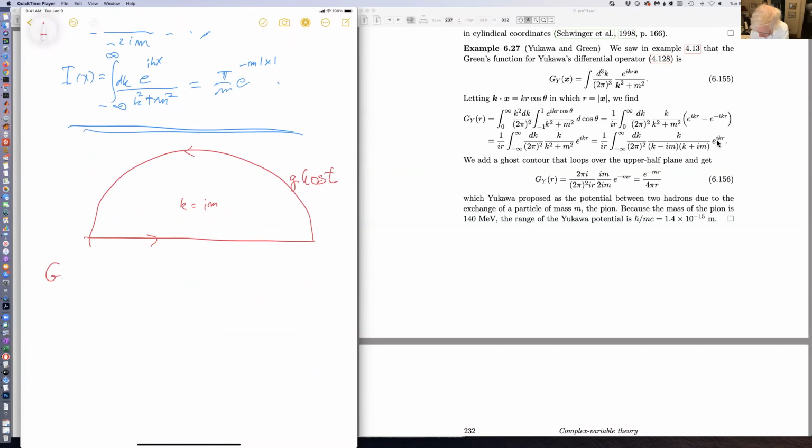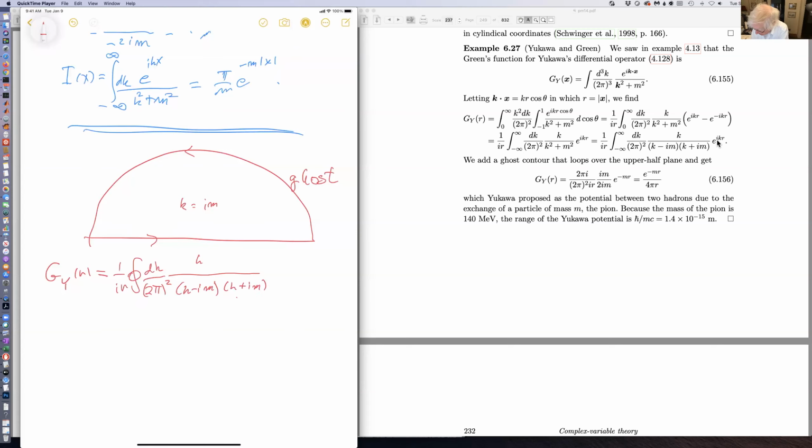So we have then g sub y of r is equal to 1 over ir, integral dk over 2 pi squared, k over k minus im, k plus im.